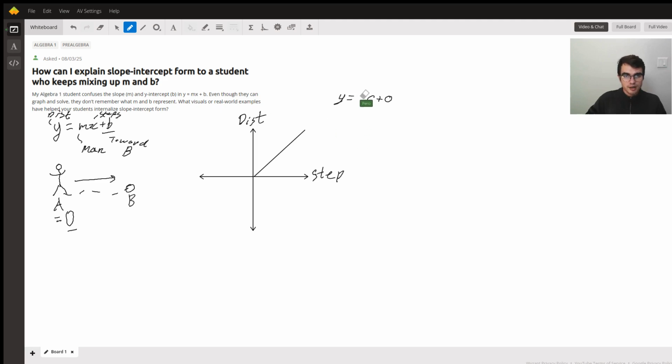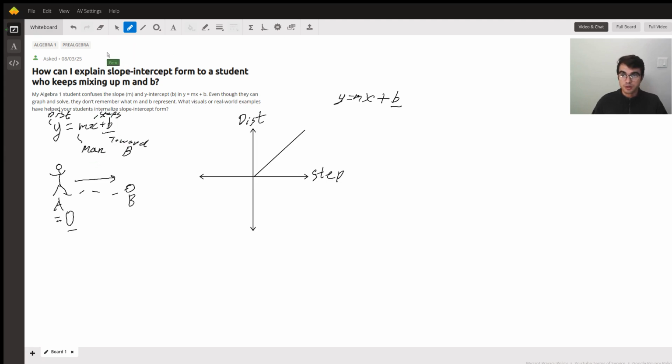Let's look at the plus b here, mx plus b. So let's look at this plus b. This is the distance toward b that the man has traveled when we start counting.